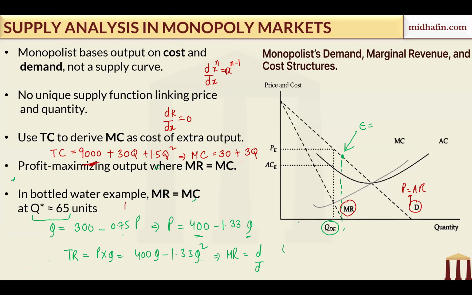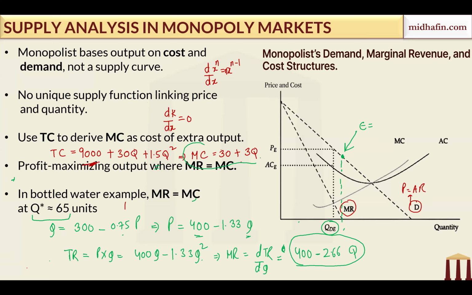So I can take d by dq of TR, or delta TR by delta q. This is equal to 400 minus, now again 1.33 will be multiplied by 2, so 2.66 times q. Okay. So this is your marginal revenue, and let's say this was your marginal cost.